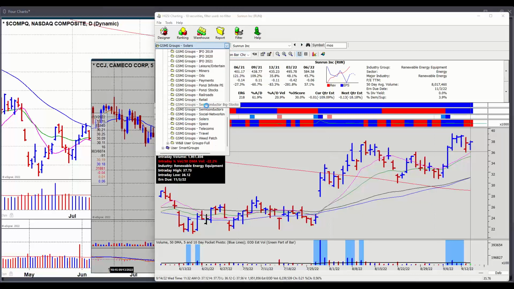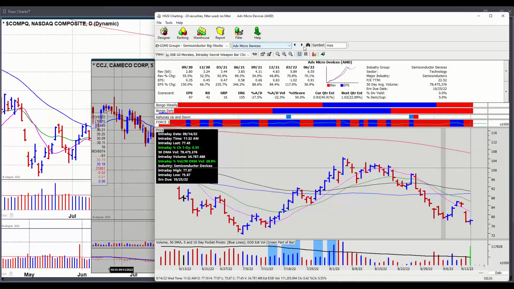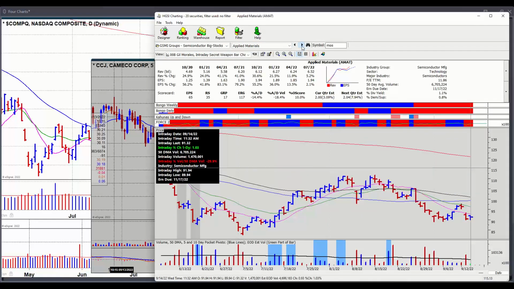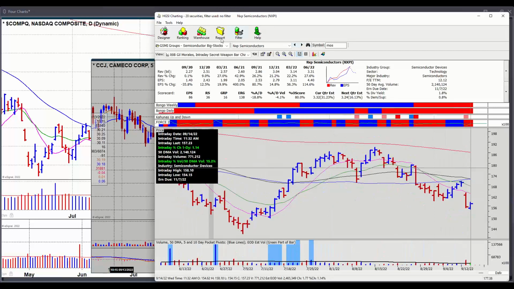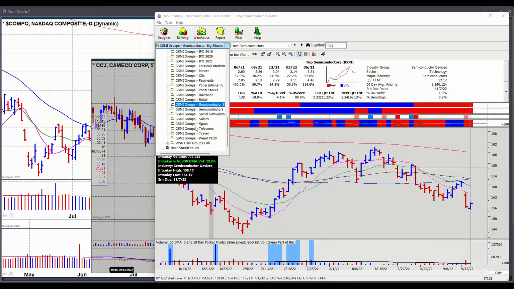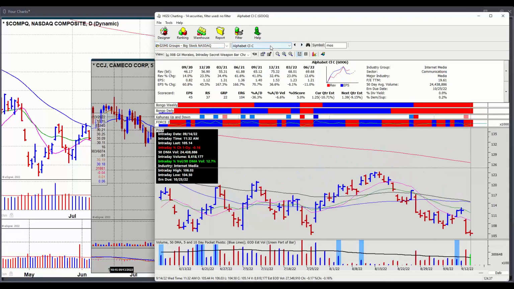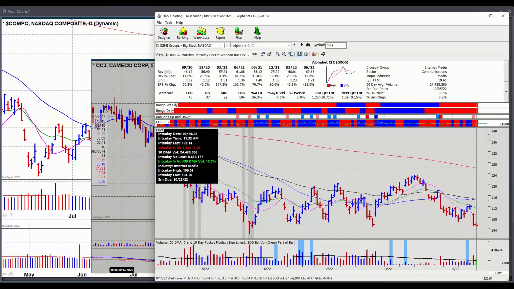Everything else is just a pile of crap or garbage. I'm sorry. But you can see semiconductors are beaten down. You had Lam Research, a beautiful short at the 20-day line on Monday, but everything there is beaten down. If we look at big stock NASDAQ names over here, you can see Alphabet is just getting pummeled.